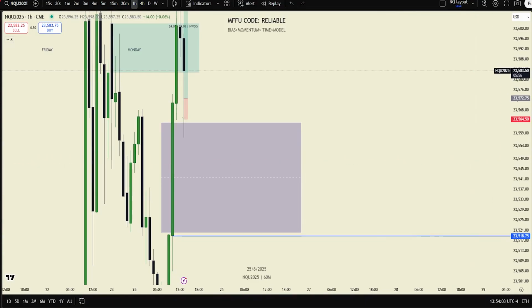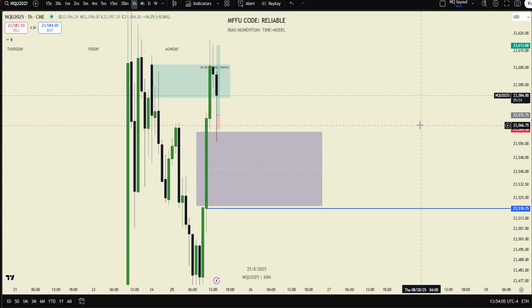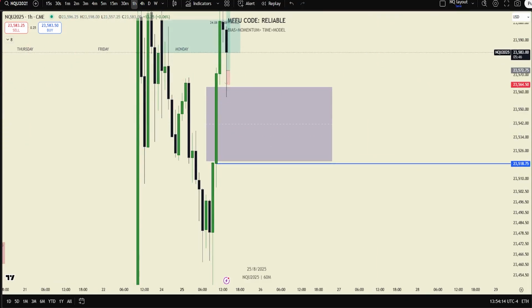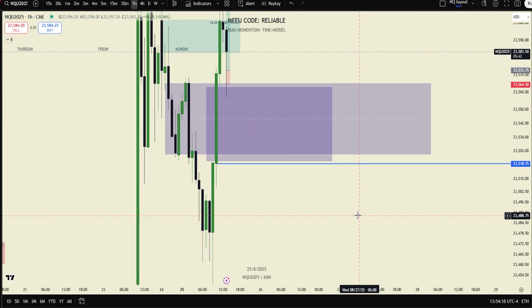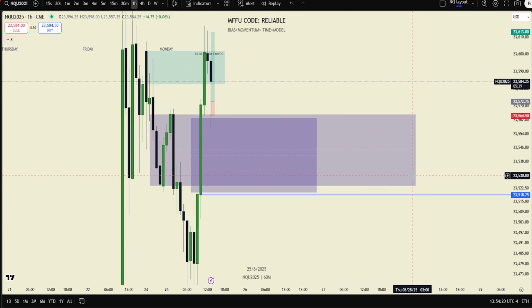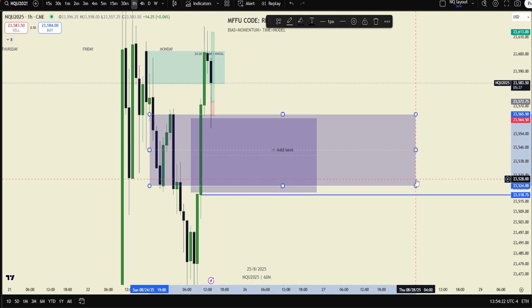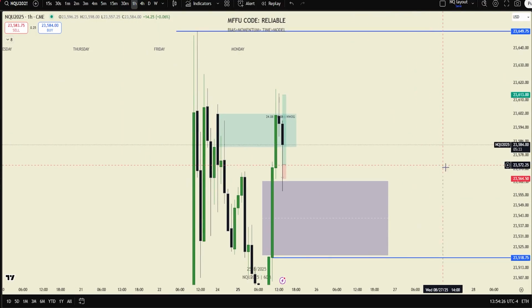Carlos just pointed out something interesting about this trade that I just noticed right now. This was actually a 1-hour unicorn long, right? That's another confluence for this trade.